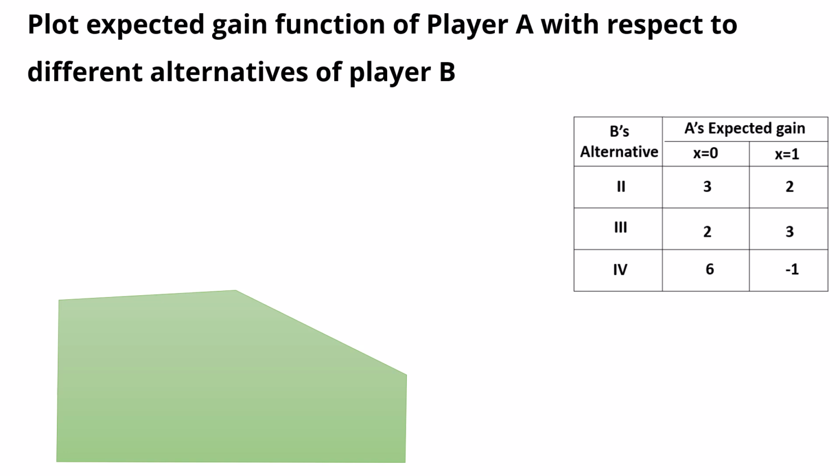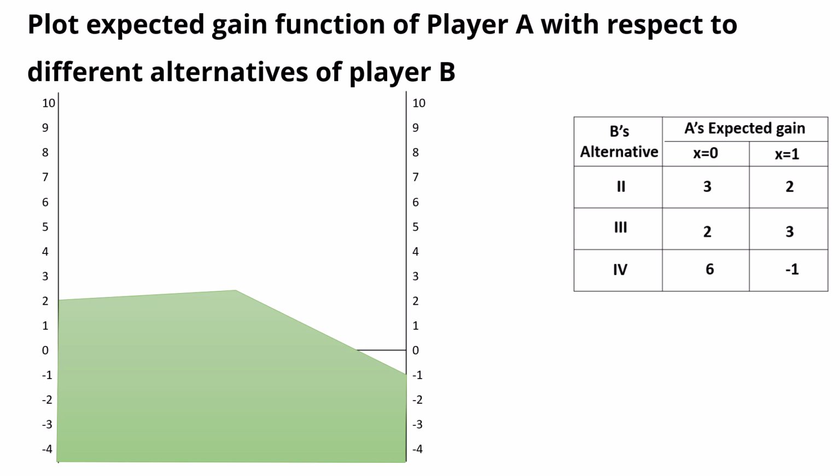Now if you take the graph here like this, this goes from 0 to 10, and it will be the same on the minus side. Now let us draw the first B alternative, that is 3 to 1.